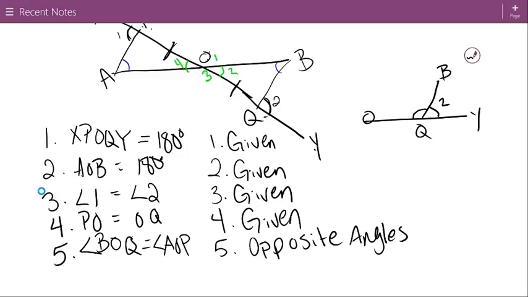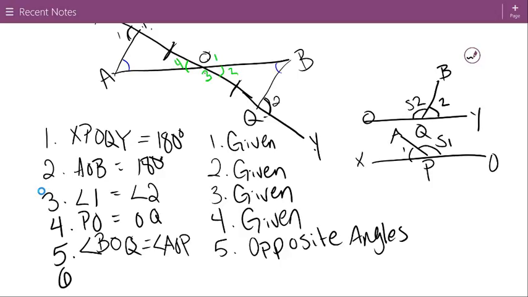Since OQY is a straight line, angle OQB is going to be the supplement of angle 2. So I'm going to write S2, supplement of angle 2. Then if we also have angle XPO, and we've got ray A, and over here we've got 1, this is going to be the supplement of angle 1. If two angles are equal, their supplements are going to be equal as well.